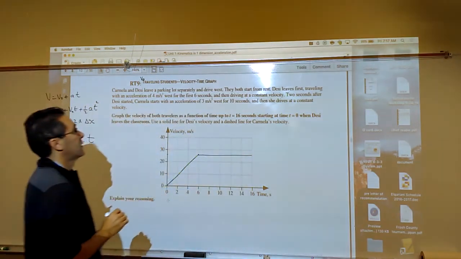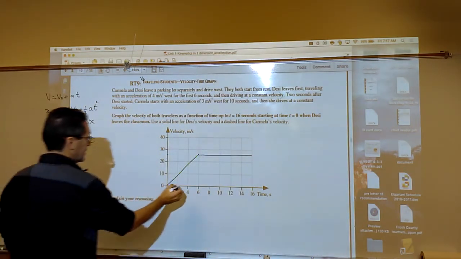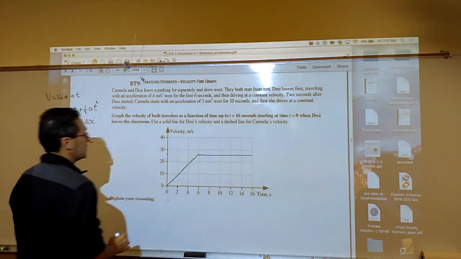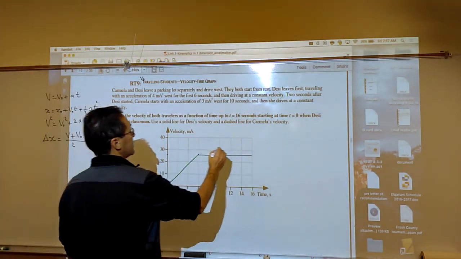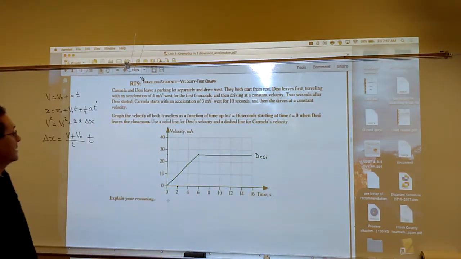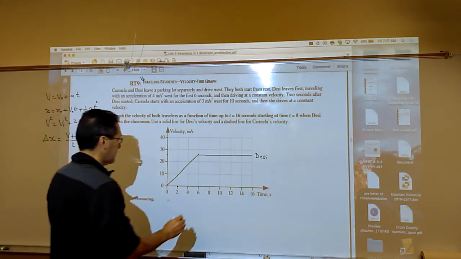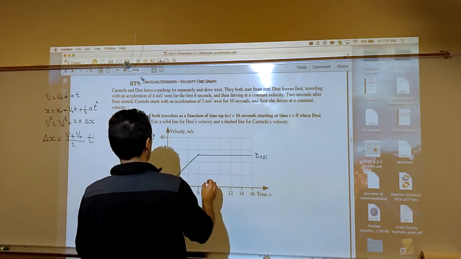The other person leaves 2 seconds later, so they're going to start here at 2 seconds. So this one is this. And the acceleration is 3, which means a rise of, I did a rise of 30 over 10 seconds.